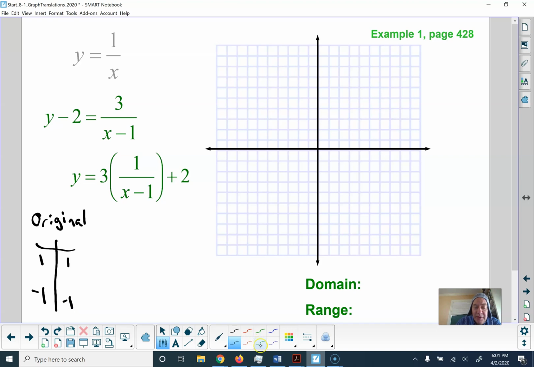We dilate it first. It's dilated by 3 in this case. So dilated by 3, remember it goes both directions. This (1, 1) becomes (1, 3) and (3, 1). Likewise, (-1, -1) becomes (-1, -3) and (-3, -1). And now we do our translations.